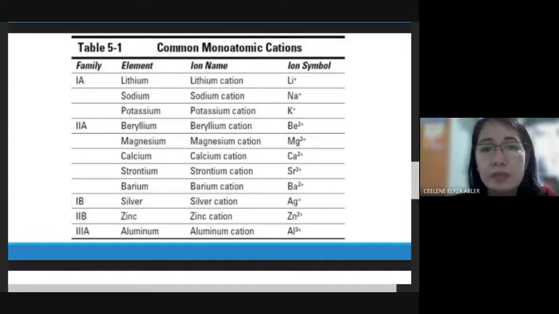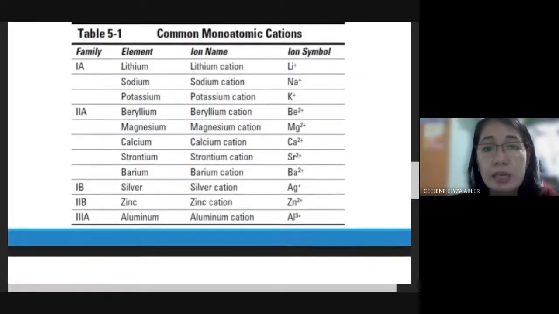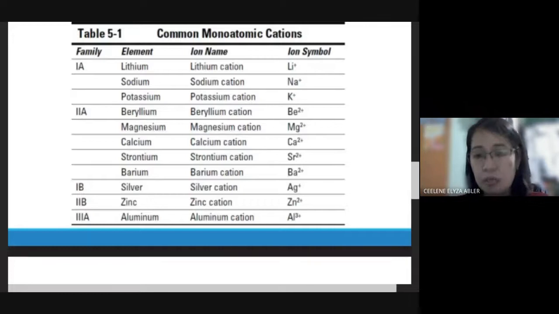So we have the sodium cation, the potassium cation, and your magnesium and calcium cations. These are usually in the brain or the nerves, and they are what the neurotransmitters exchange around in our synapses.